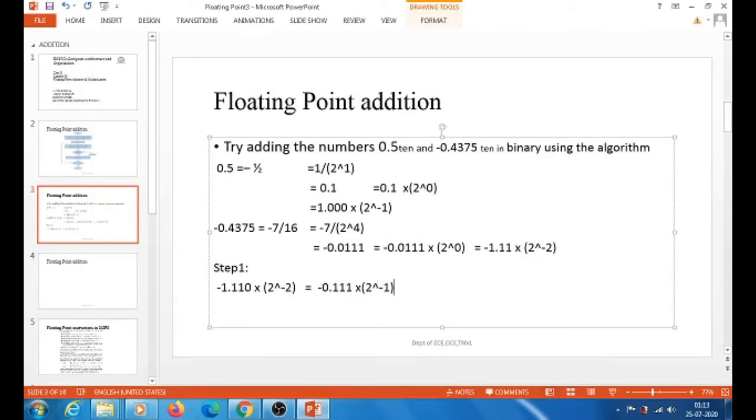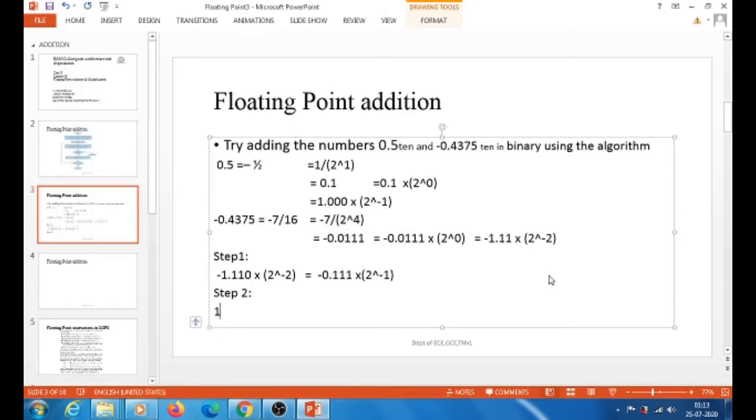Okay, now next comes step 2. So what is step 2? We need to add the significands. So what are the significands? The significand is the 1 that is added along with the fraction part.